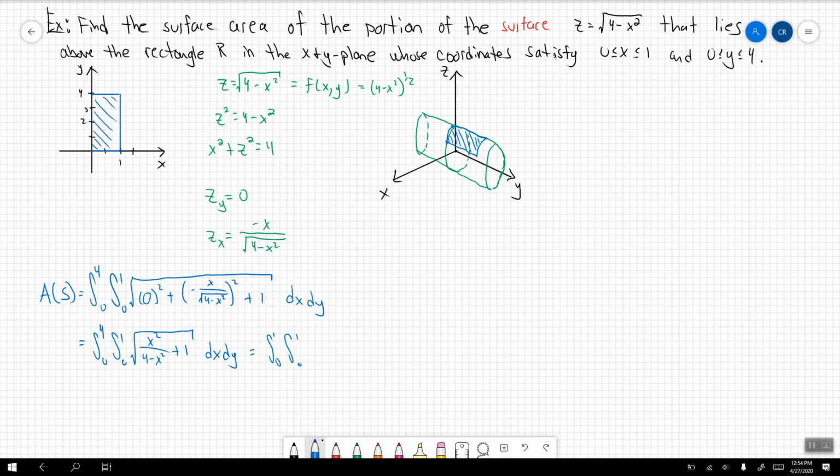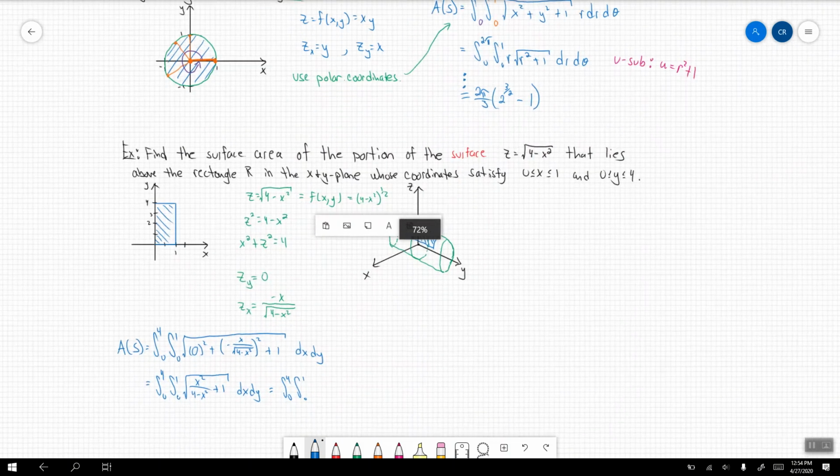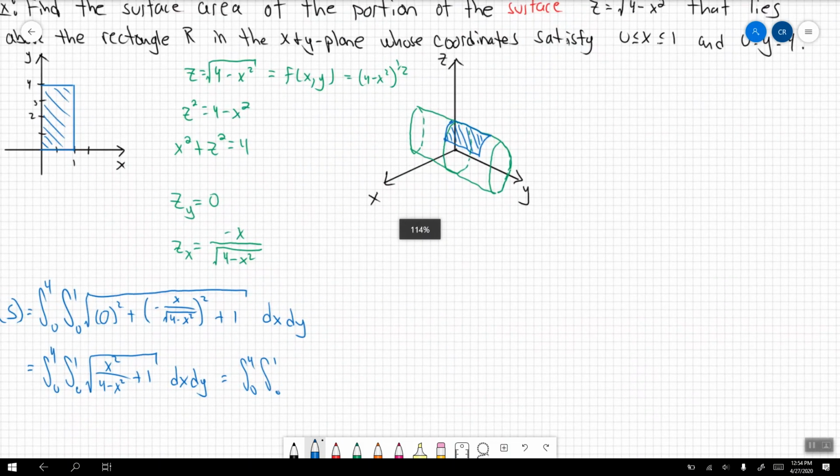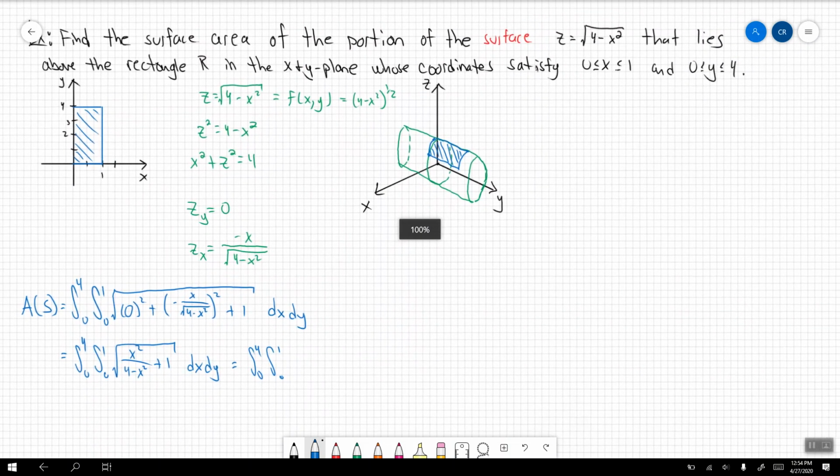Again, I want to make sure that I go through the whole process and simplify this as much as possible. Now that I have this, let's go through my first part here.